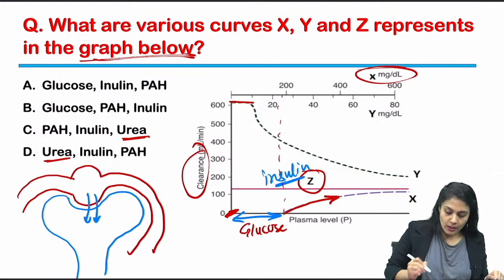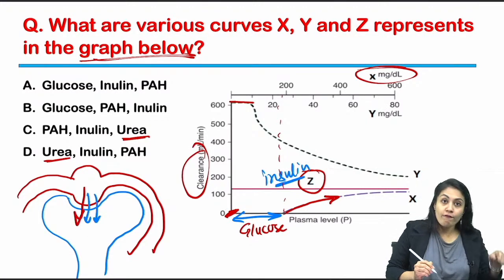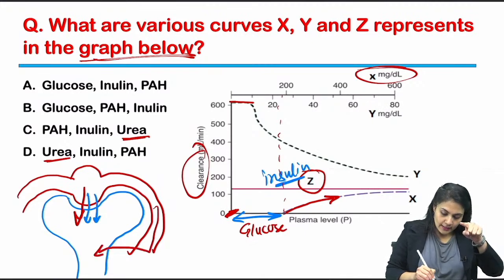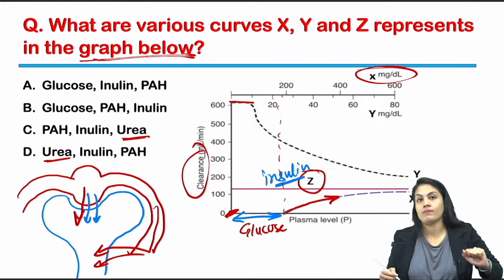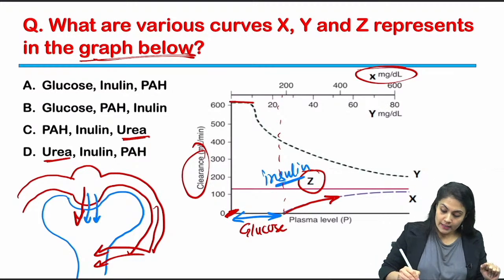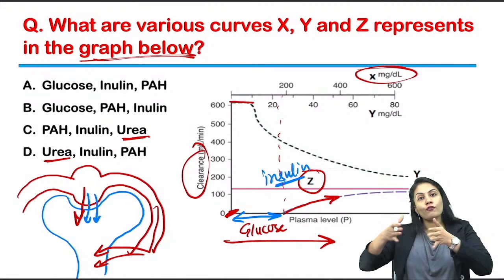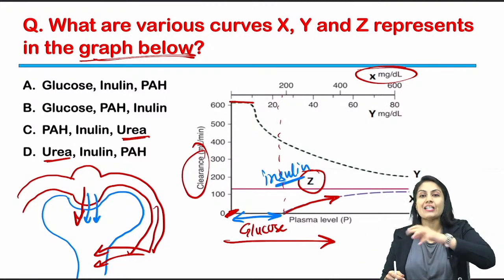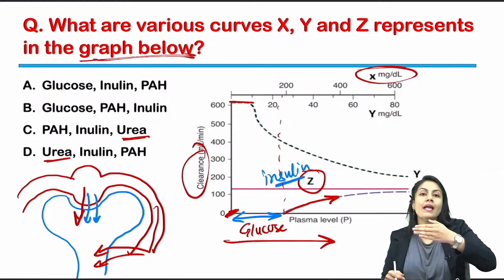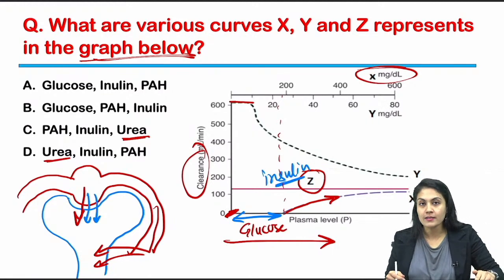About PAH. Now remember, PAH is filtered as well as secreted. For the secretion, we require transporters. And if we increase the plasma concentration of PAH, these transporters are going to get saturated and won't be able to work at their maximum capacity, right?